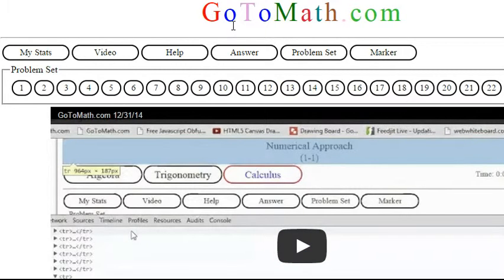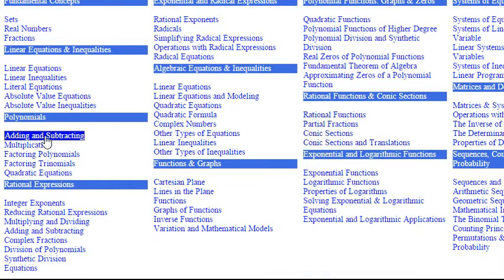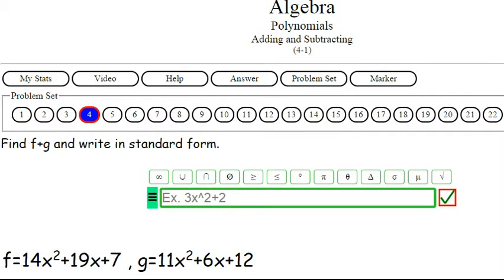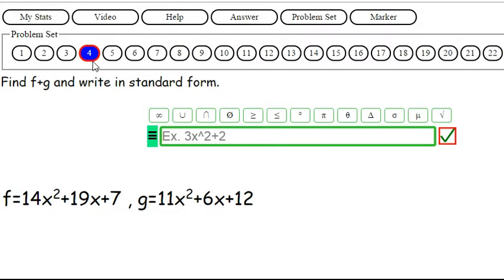Okay, so we're over here at gotomath.com. Click on the algebra up there. I know you can't see that button, adding and subtracting. Let's go down to 4.1. Click on that. Of course, remember you can always click on the button there. It says find f plus g, write in standard form.